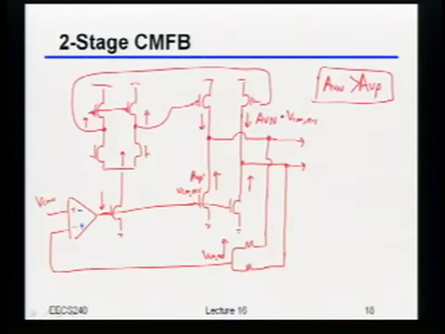Okay, so now, and again, somebody other than Shiva, for this particular design, do you think that AVN is greater than AVP or not? Who thinks AVN is greater than AVP? 3, 4, 5 or so, 6 brave souls. Okay.